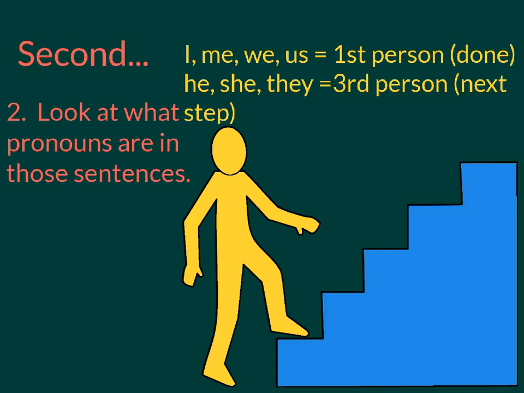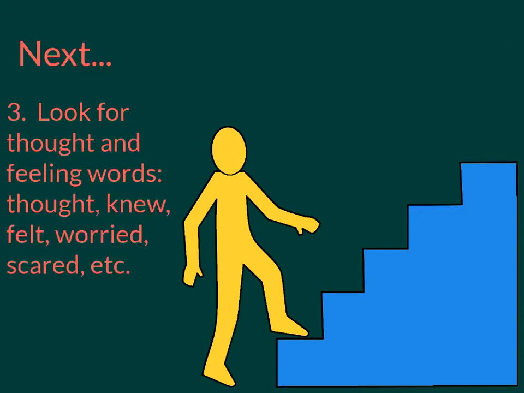Now, should I find pronouns like he, she, they, them, then I really do have to move on to the next step, because I know it's a third person point of view, but I don't know which type yet. So I still have my couple sentences, and I've determined that it's third person point of view because of the pronouns that it uses. Now I need to look and see, are there any thought and feeling words?